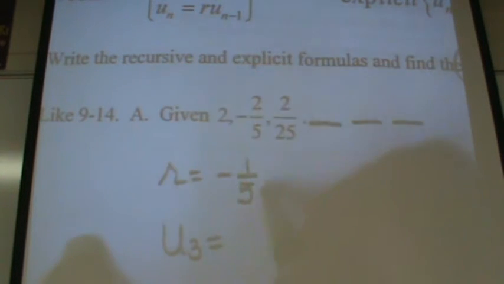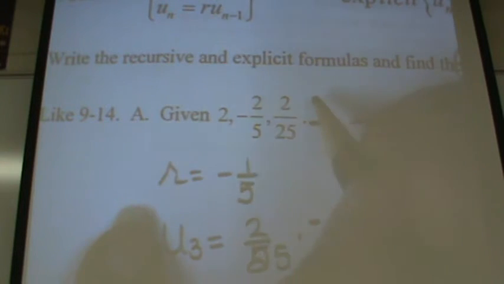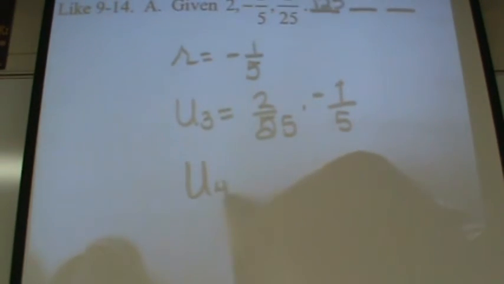Now, could you figure out the third term? What would you do? What do you get? -2 over 125. Okay, how do you find the 4th term?